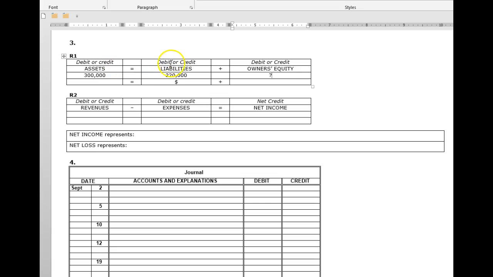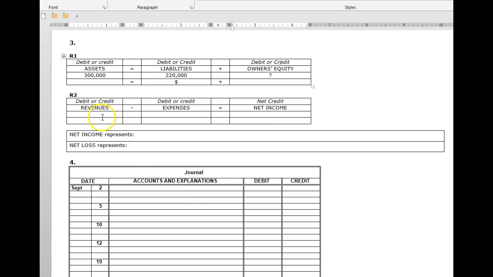So if I look over here at liabilities, I'm now on the right-hand side, and a credit is a right-hand balance. So that would mean our liabilities have a credit balance and our owner's equity has a credit balance. See how that kind of works?